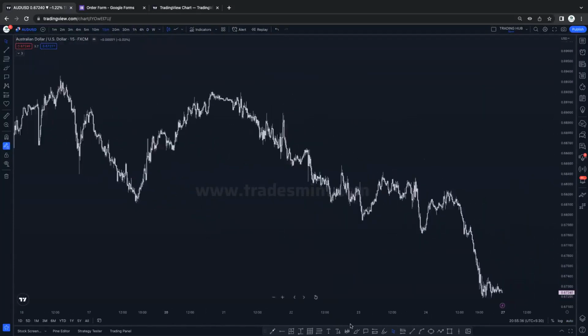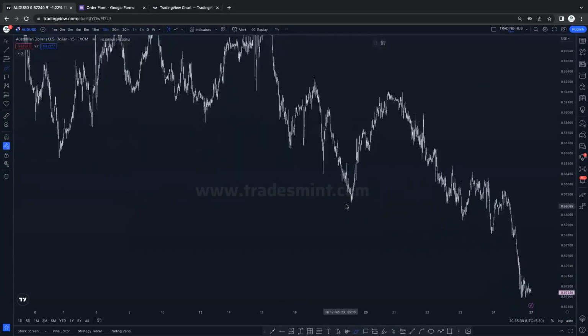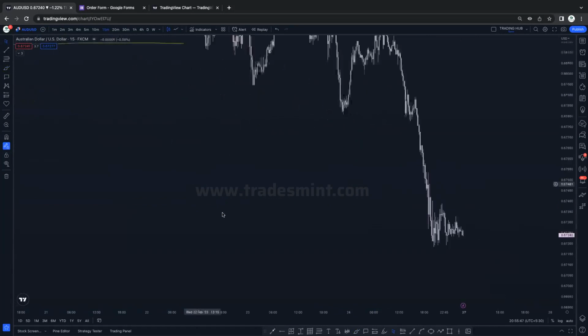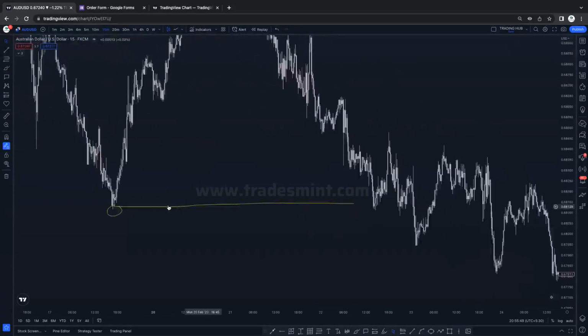This is our previous lower low here, lower high here, break of structure here. And what happened at this time? Price closed below it, let me check first.